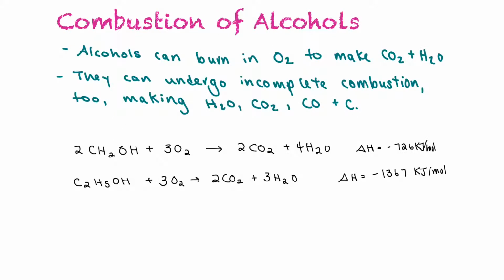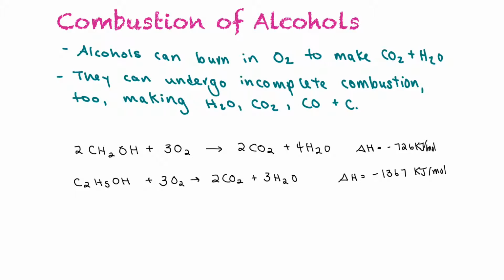Just like hydrocarbons, alcohols can be burned in oxygen, so they can undergo combustion reactions, and they make carbon dioxide and water. And they can undergo incomplete combustion too, which means that they will produce the byproducts carbon monoxide and carbon. So we want to avoid that.